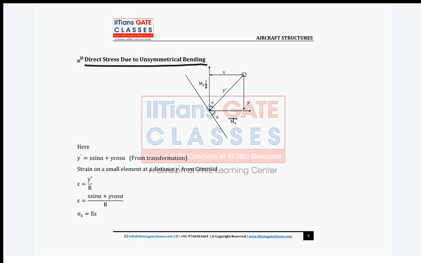We will take the same cross section, and in that cross section this is the area on which we are finding bending. This area is at some perpendicular distance y dash from the neutral axis.